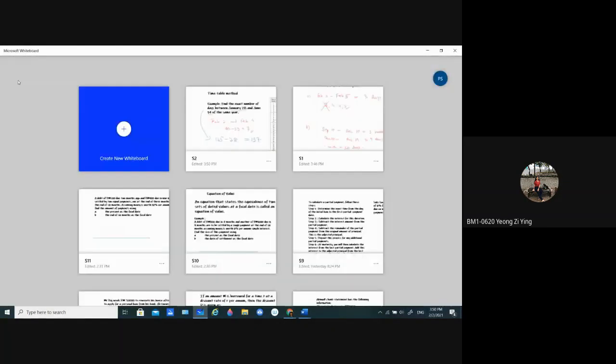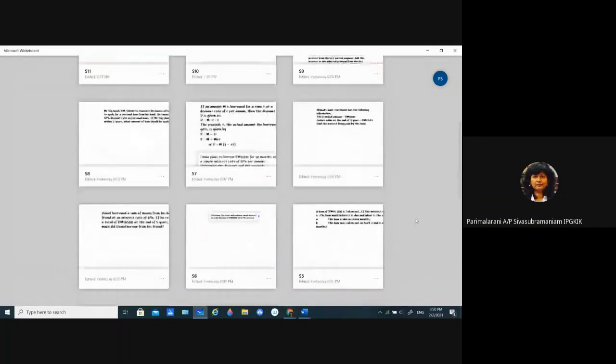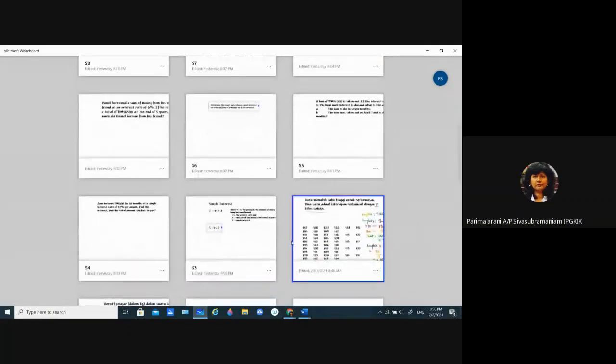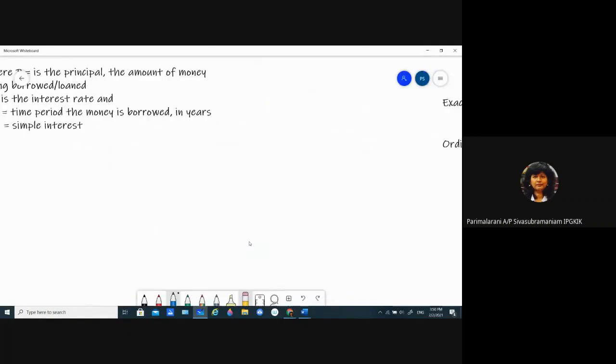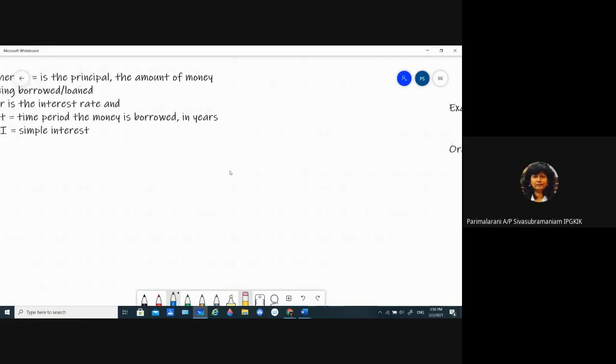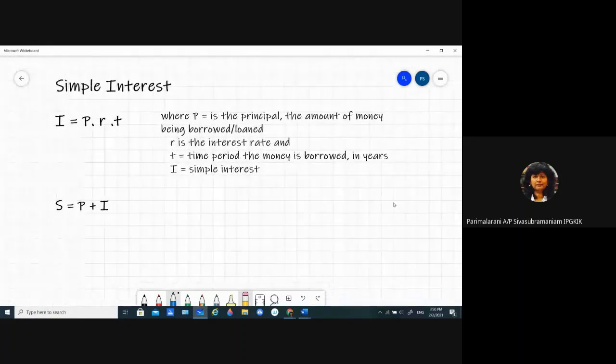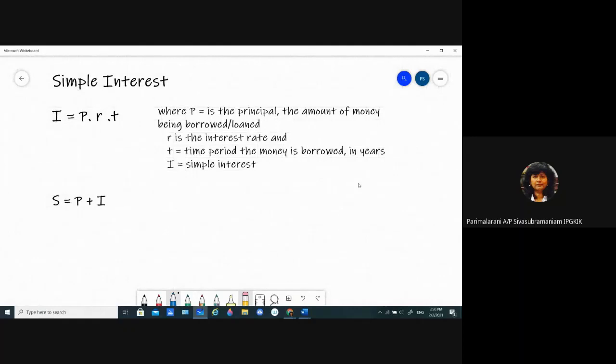Okay, good question. Now let's go to the simple interest. Do you know what is interest? All of you have banking accounts, right? Do you know what is the interest for your savings account?